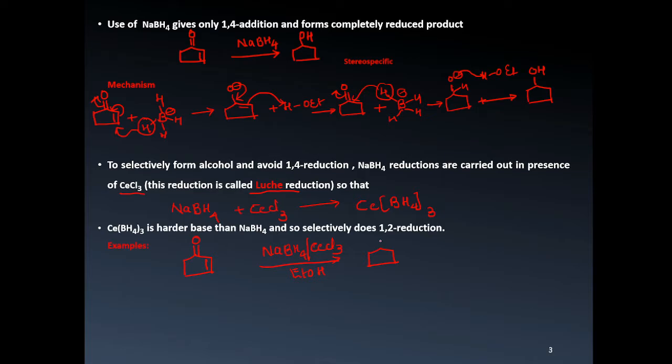So only the carbonyl group will be converted to OH. Next one, Ph double bond C double bond O CH3, and in presence of sodium borohydride and cerium chloride in ethanol, it reduces the 1,2 positions.